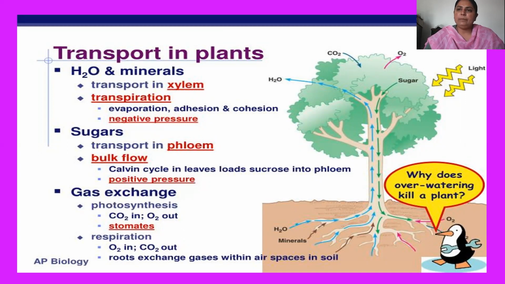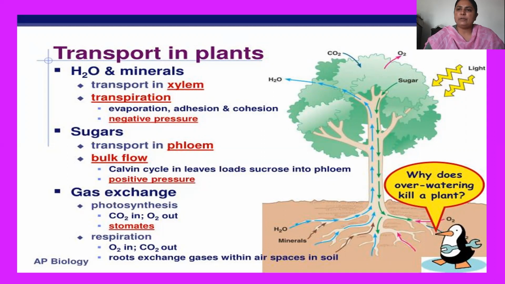The target organ may be any part of the plant: it may be the root, the stem, the branches, etc. Gases are also exchanged. You know that special types of pores are present in the upper and lower epidermis of the leaves, and they are known as stomata. Through these stomata, gaseous exchange takes place.